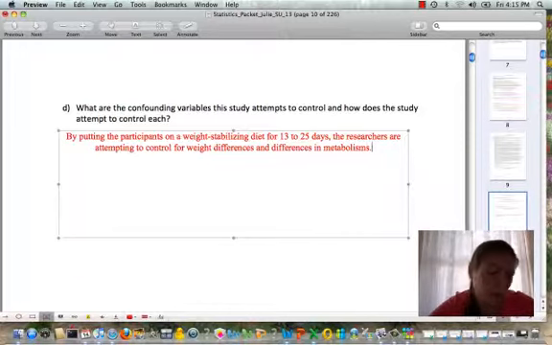We know that in reality people are going to have different metabolisms and different eating habits, so these may be difficult to control, but the study is attempting to do that.